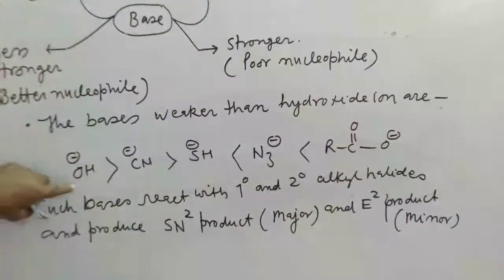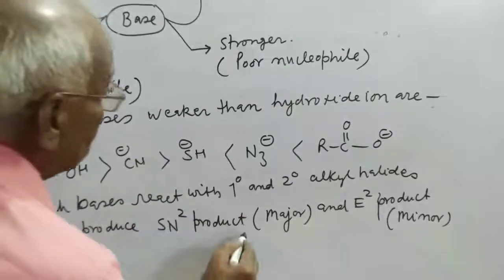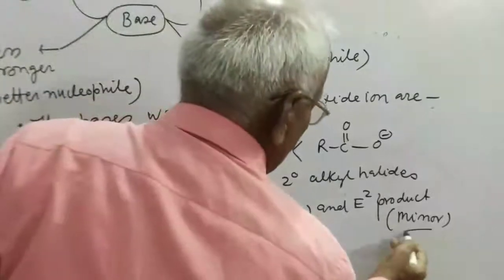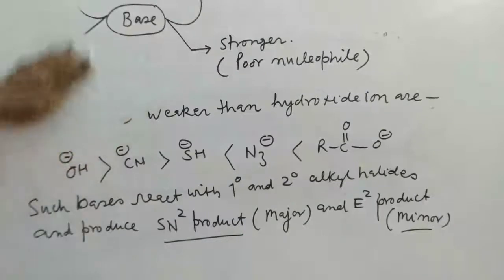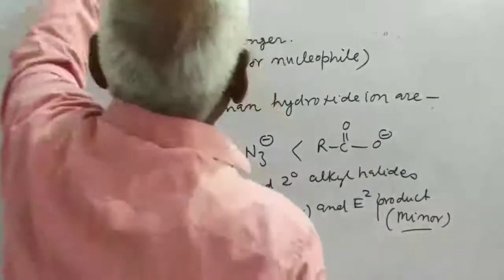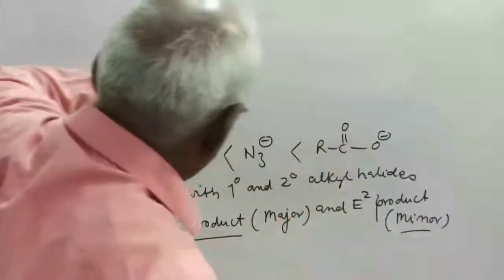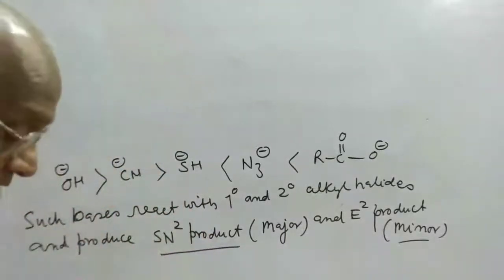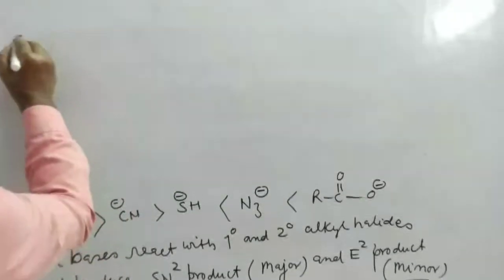So the bases which are weaker than hydroxide ion react with 1 degree and 2 degree alkyl halides and produce the SN2 product, the major product, and the E2 product, the minor product. But the stronger bases in the majority of cases produce the E2 product as the major product.